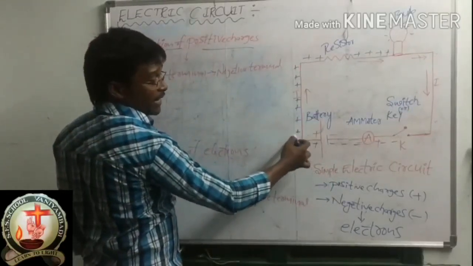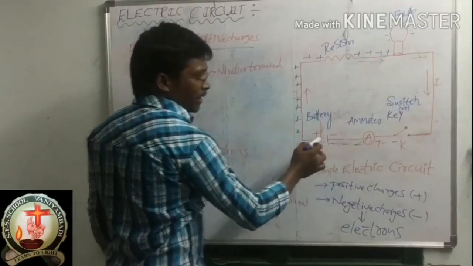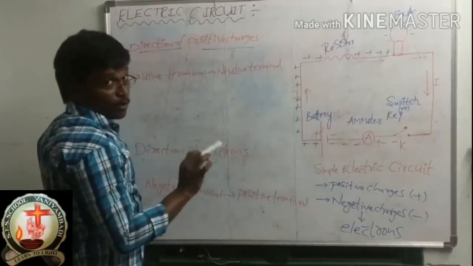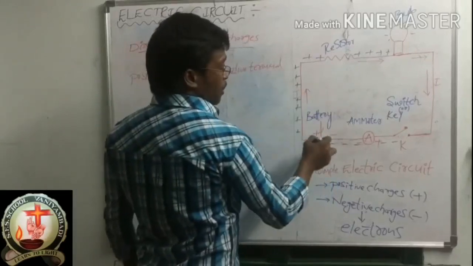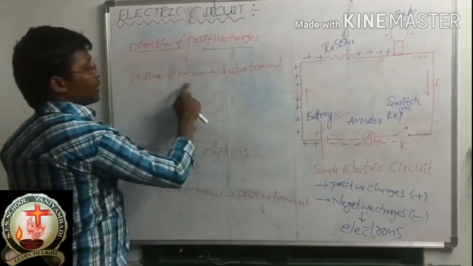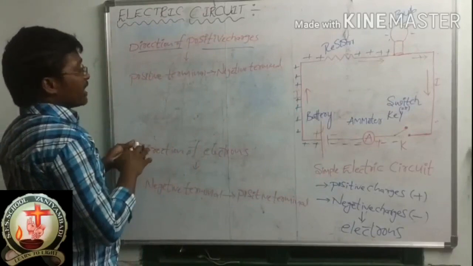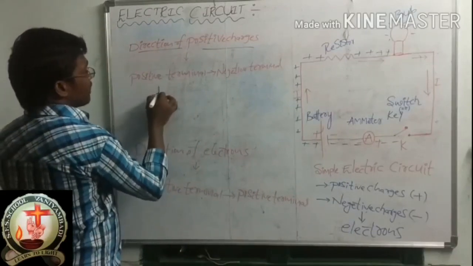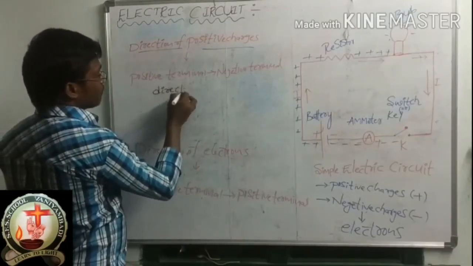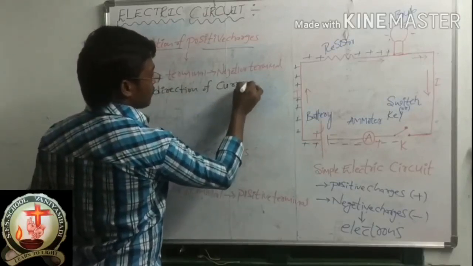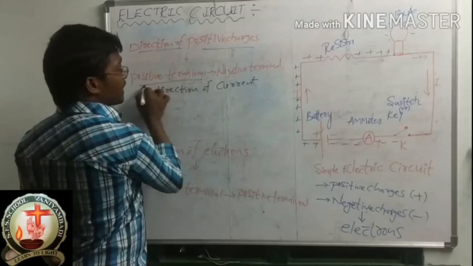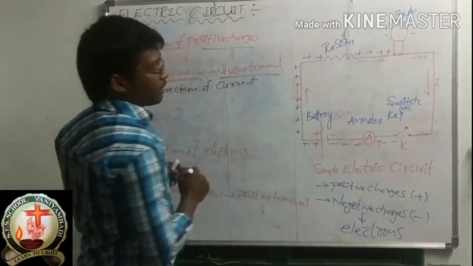Positive terminal of the battery to negative terminal, correct? So the direction of the current in this electrical circuit is also positive terminal to negative terminal. Same.